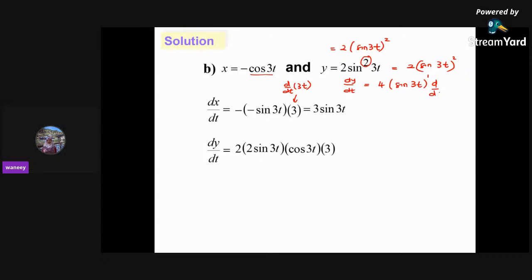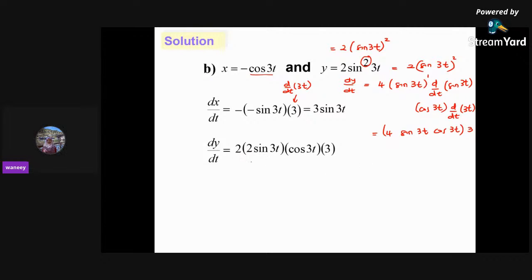And then after that, we have to differentiate sine of 3t. Differentiating sine, we are going to get cos. So this one will give us cos of 3t, but then don't forget you have to differentiate 3t. So that is basically how we get 4 sine 3t cos 3t, and then times everything with 3.